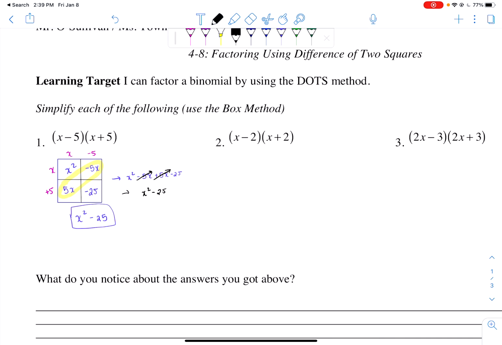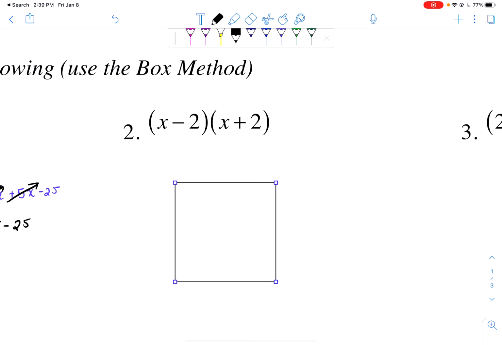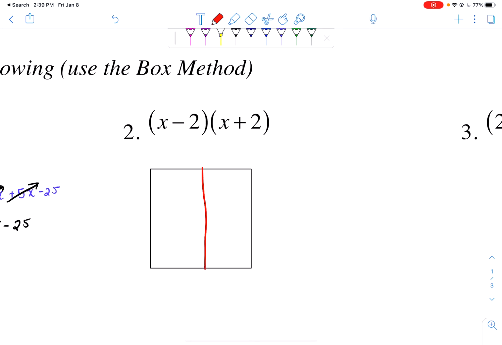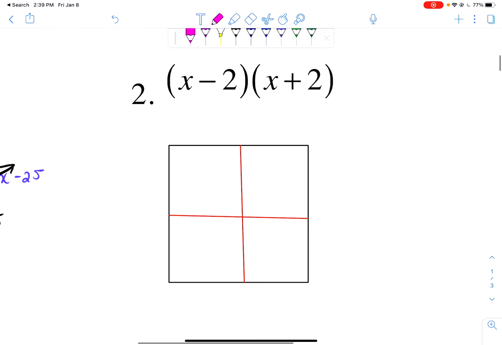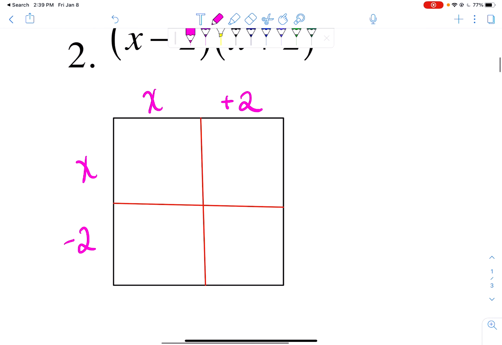Let's see if that's the case in the other examples as well. So I draw my box. I want to multiply x minus 2 by x plus 2. I'm going to fill in my box. I have x minus 2 times x plus 2. I'll do my x minus 2 on the left this time. And now I say to myself, what's x times x?